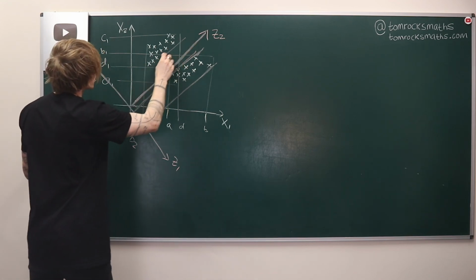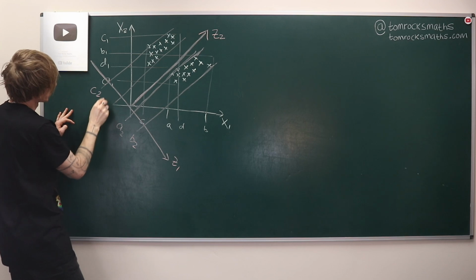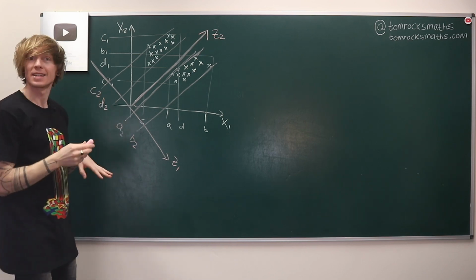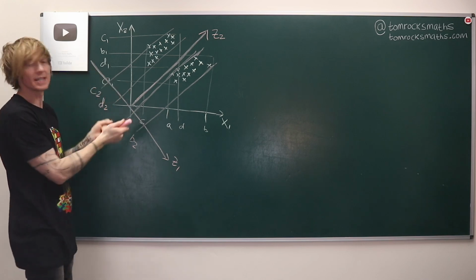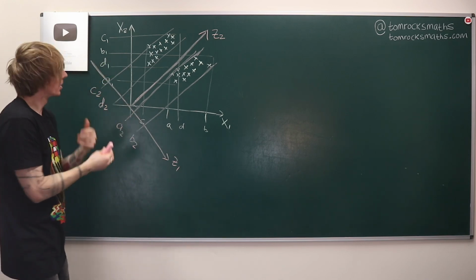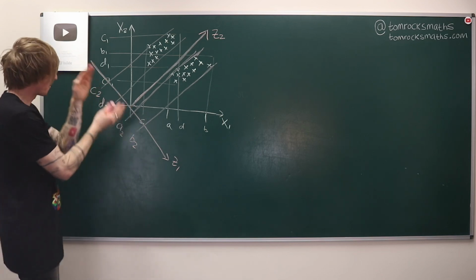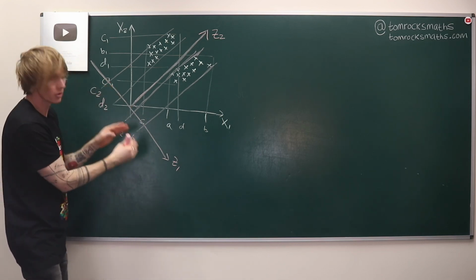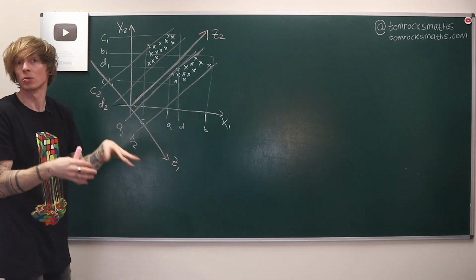And our second group over here is now between C2 and D2 along that Z1 axis. So we have very clearly divided up the data into these two clusterings, and we could, if we wanted to, make a prediction or an understanding of a new data point purely based on its value along the Z1 axis. We would expect it to fall into one of these two clusters.